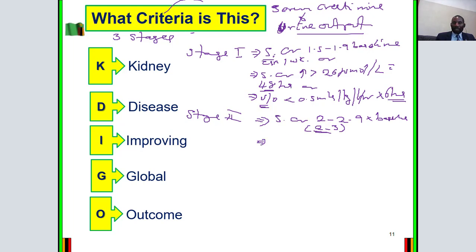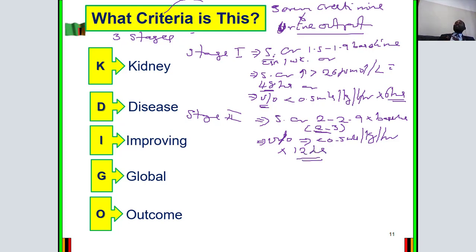If we are using urine output, it is less than 0.5 mL per kg per hour for 12 hours.